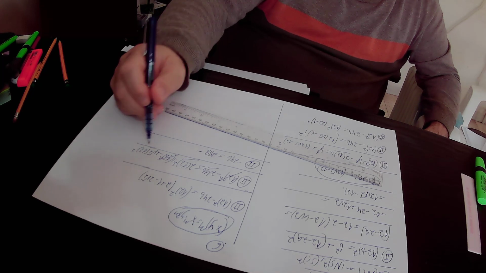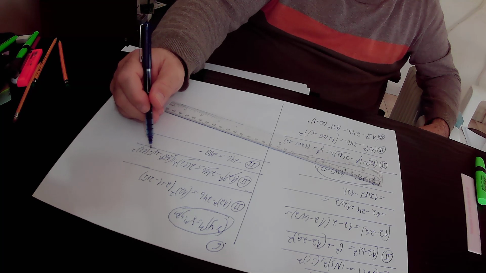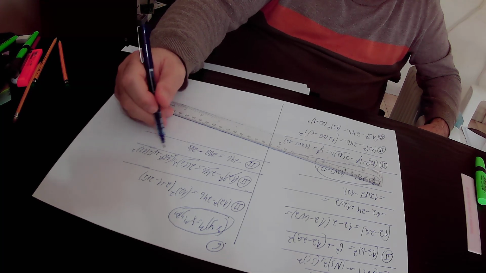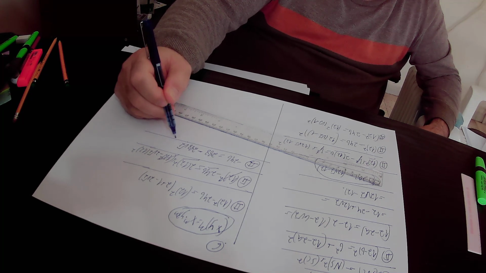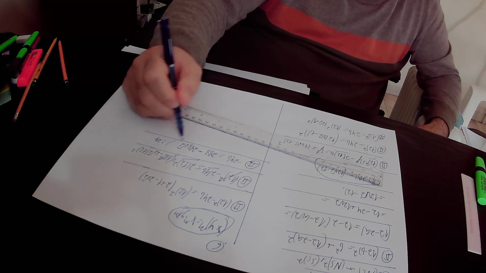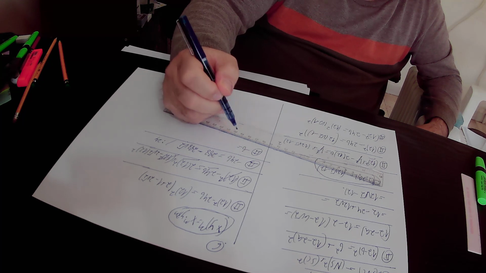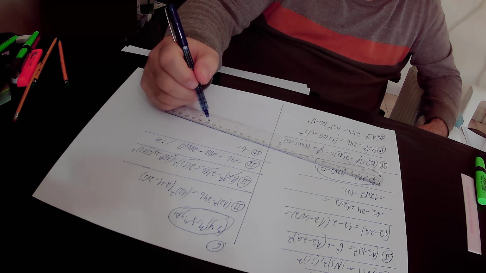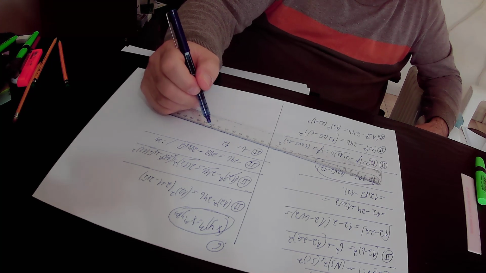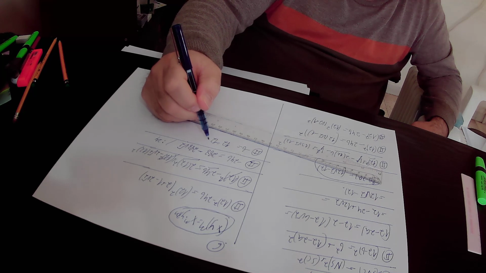Minus 12 squared is 144, and 144 times minus 2 is minus 288, multiplied by square root of 2. Here we'll divide equation number 2 by 24, and we'll get that according to equation number 2, minus b equals 288 over 24 is 12, minus 288 over 24 is minus 12, times square root of 2.